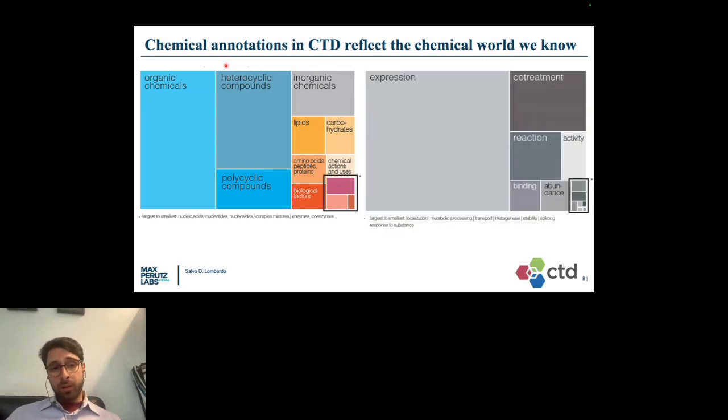The second grouping that we can do is based on the type of interactions. And we can observe that most of these interactions are changes in expression. What I refer to is that these are changes in mRNA expression, so transcriptomic changes.